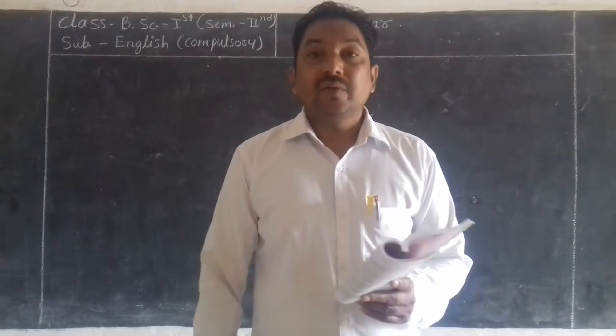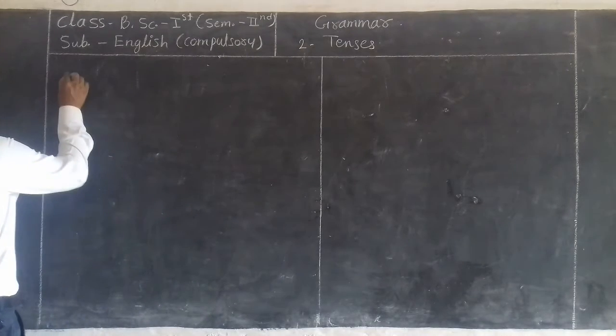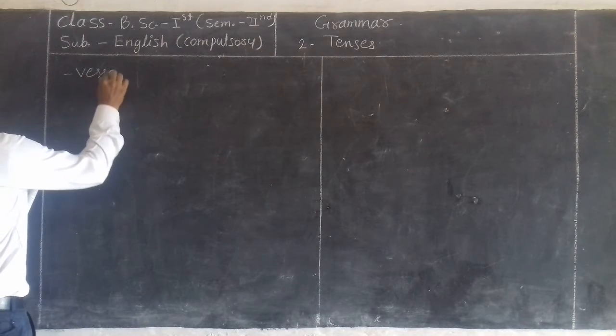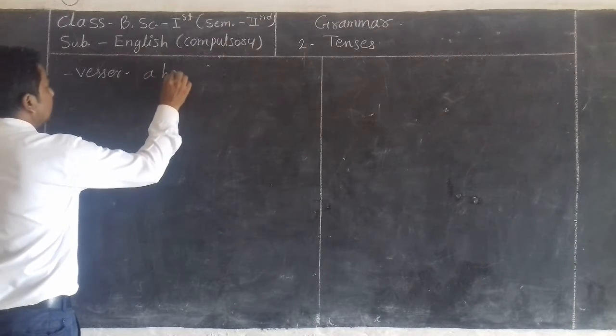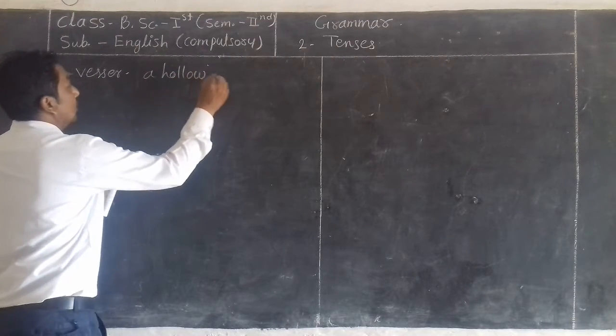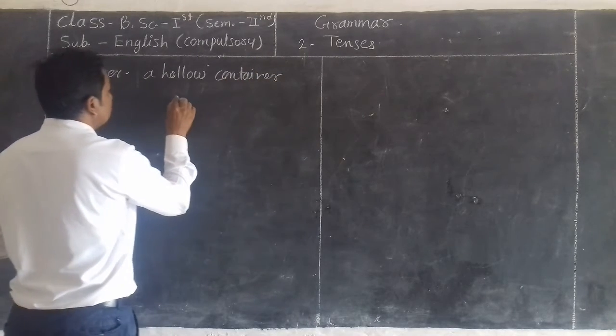A pressure cooker is a metal vessel. Now, vessel means a hollow container.